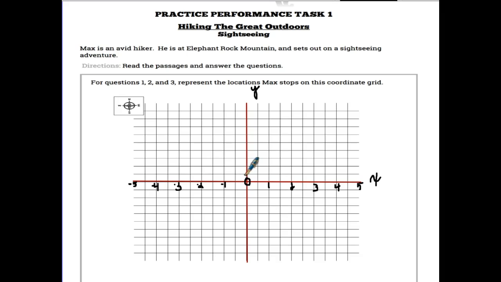And going up, I'm going to do the same thing. Skip 1, skip 2, skip 3, skip 4, skip 5. Going down, same thing. Skip, -1, skip, -2, skip, -3, skip, -4, skip, -5.